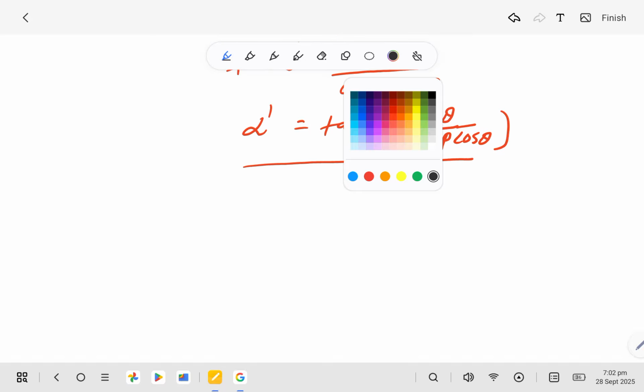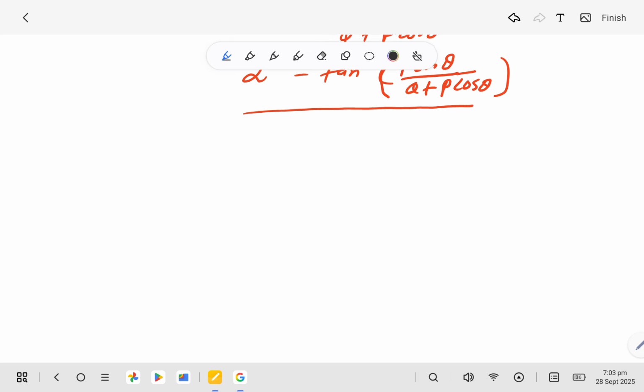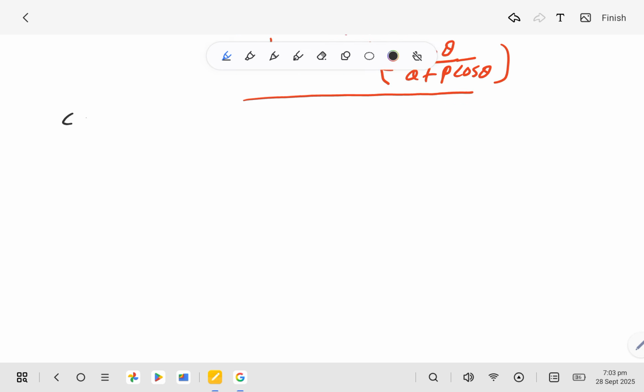Now we can consider some cases. First case, if theta equals 0 degrees, it means P is parallel to Q. If P and Q are both in the same direction, then what will be the resultant force?